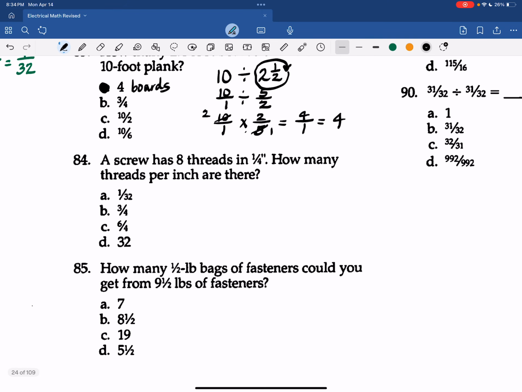A screw has 8 threads in 1/4 of an inch. How many threads per inch are there? Well, let's draw this one. This one's tricky if you're not paying attention. It almost got me. If this is 1/4 of an inch, and there are 8 threads in 1/4 of an inch, what they're asking us to do is not divide.